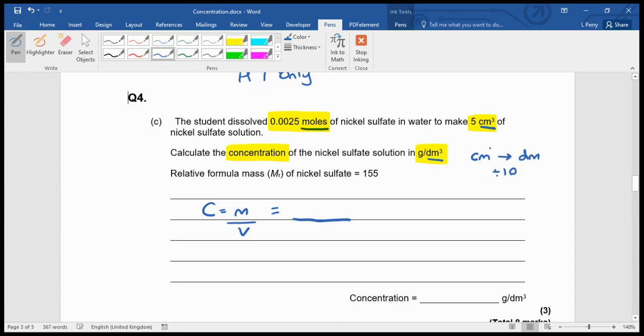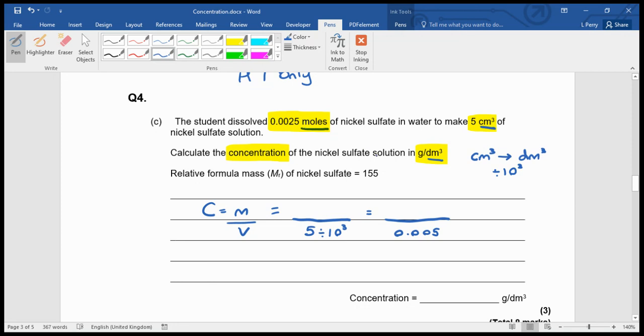So we know to change centimeters cubed to decimeters cubed, we divide by 10 cubed. So I'm going to do 5 divided by 10 cubed. So just doing the bottom half of my equation, 5 divided by 10 cubed, 0.005 according to my calculator. I've got marks already because I've worked out the volume, but now I have to deal with the mass.